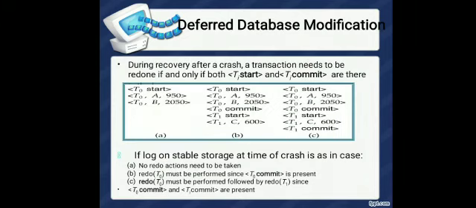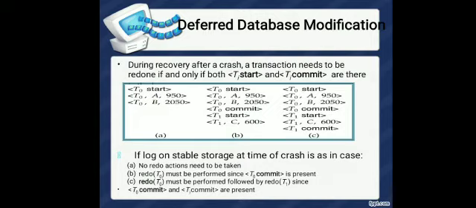During recovery, after any system failure, that is any crash, a transaction needs to be redone if and only if both Ti start and Ti commit are in the log. So in the figure of the table, there are three logs: T0 comma start, T0 comma A comma 950, T0 comma B comma 2050.